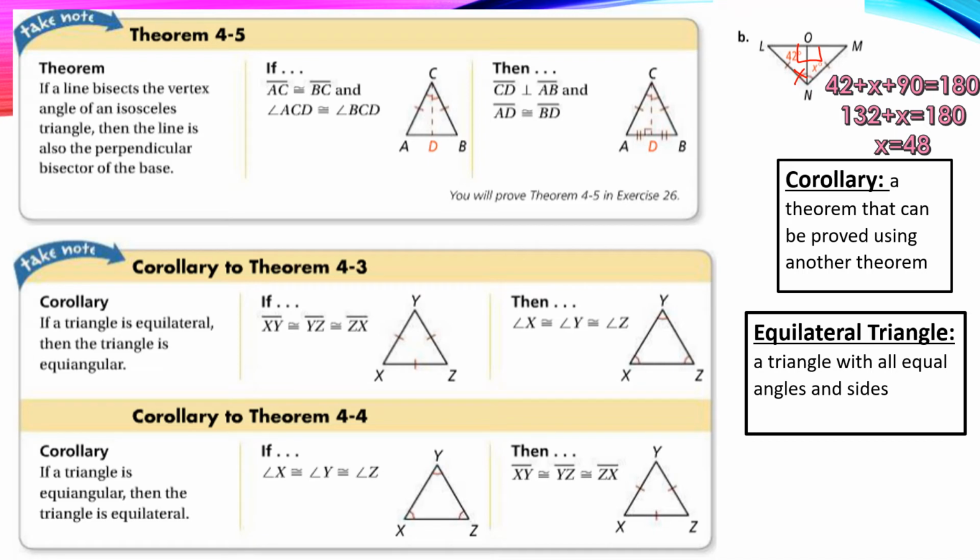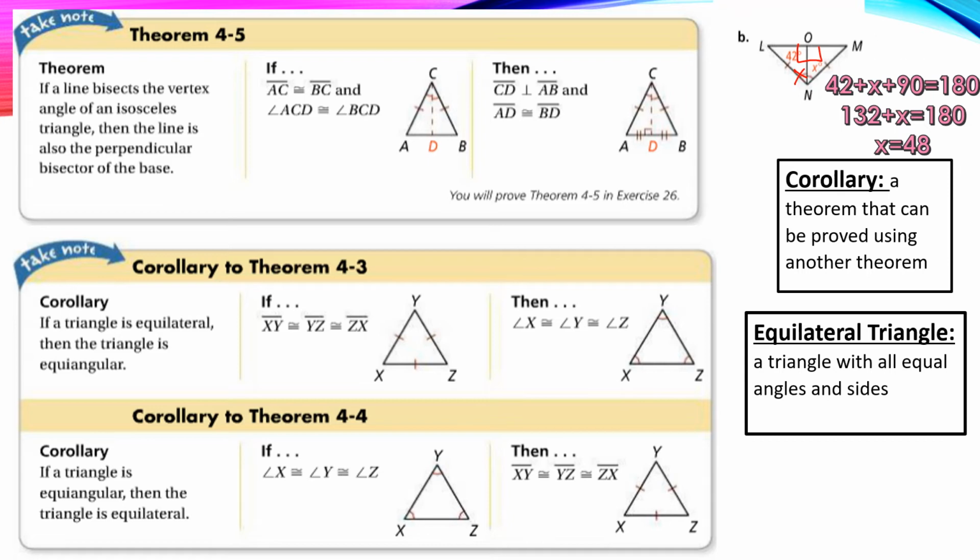So then a corollary is a theorem that can be proved using another theorem. And an equilateral triangle is a triangle with all equal angles and sides. So all of the angles equal exactly the same, and all of the sides are exactly the same. The corollary to theorem 4-3, which was, if your sides are congruent, then your angles are congruent.